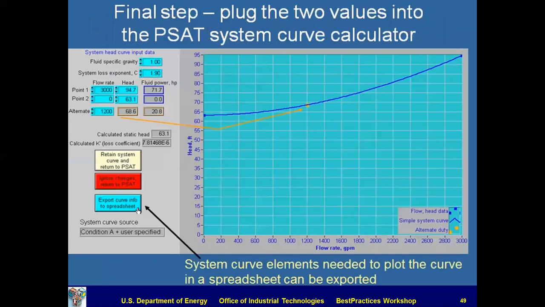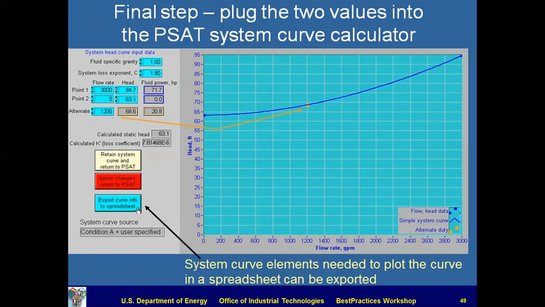Okay. This shows from PSAT how to use the system head calculator. And so we've got an example up there. You see up on the upper left, point 1 is input now at 3,000 GPM at 94.7 feet.